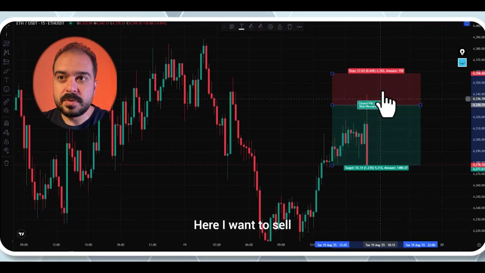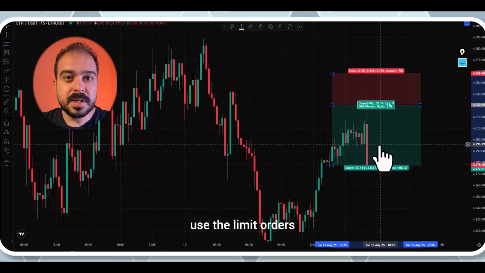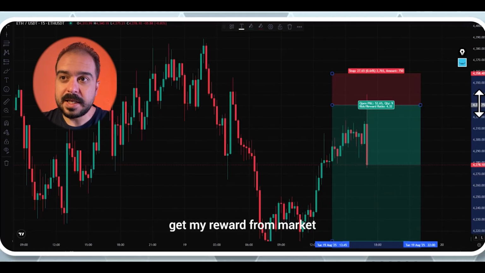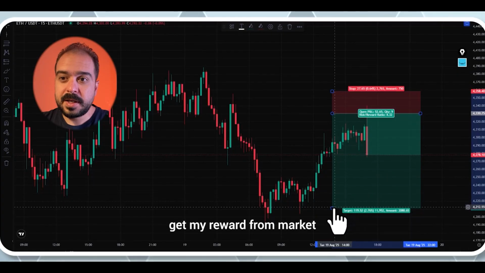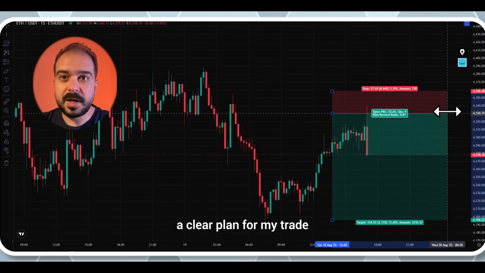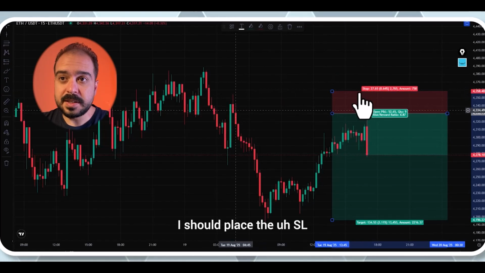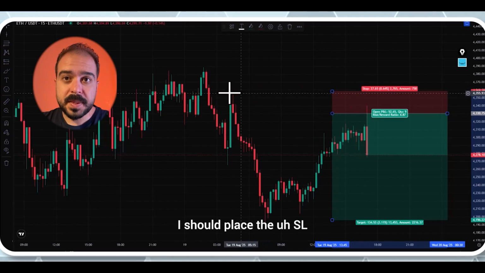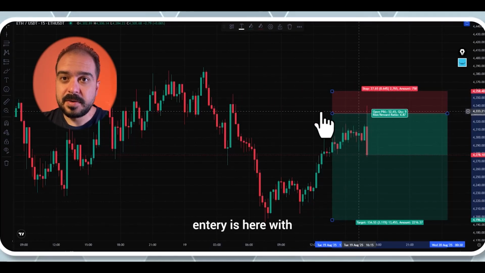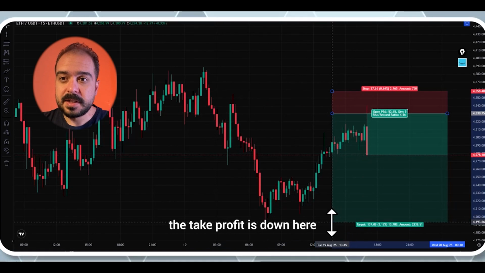Here, I want to sell my Ethereum, and I can use limit orders for this TP and get my reward from the market, getting in and out with a clear plan for my trade. I should place the stop loss above the order block, and the entry is here with a limit order, and the take profit is down here.